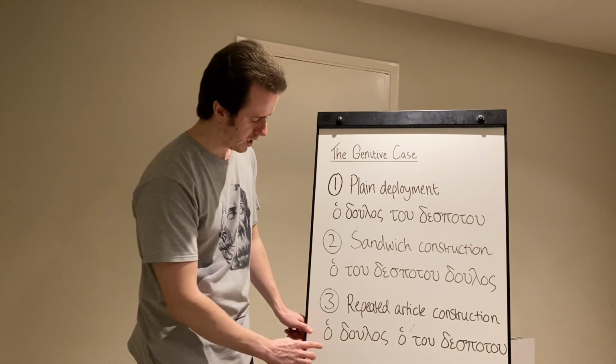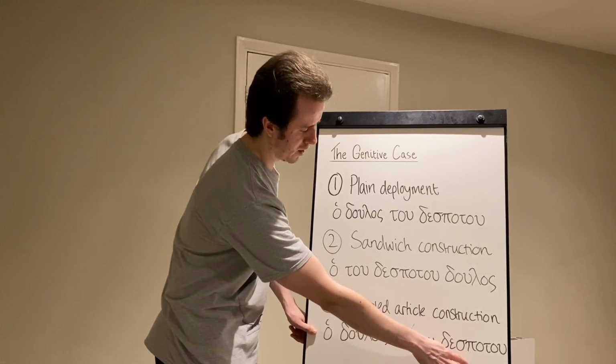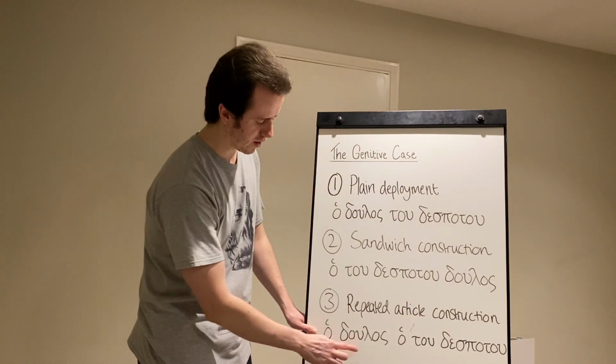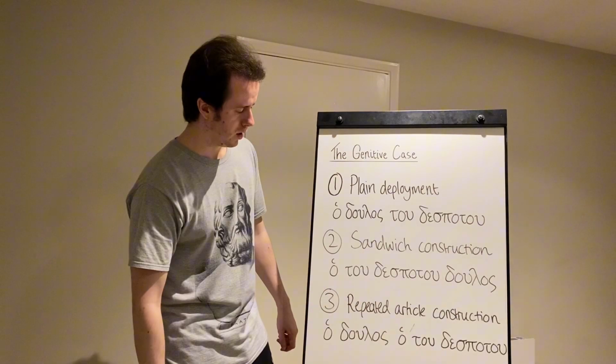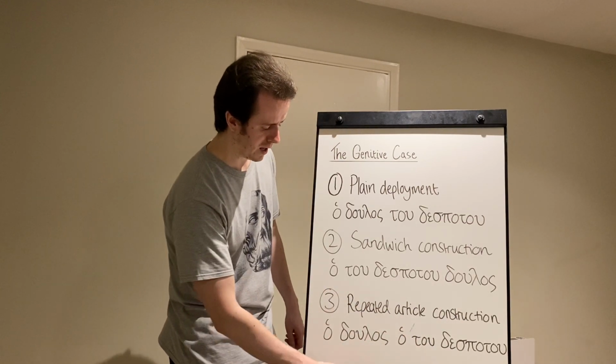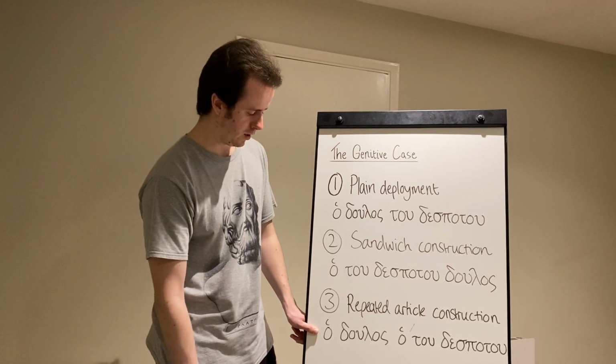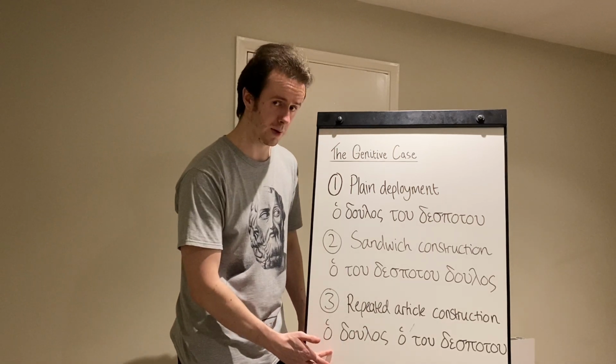So this would be the slave, the one of the master, but you could just say the slave of the master. Understanding that this ho is giving you some extra information about the doulos, the slave who's already been mentioned and whose definite article has already appeared.